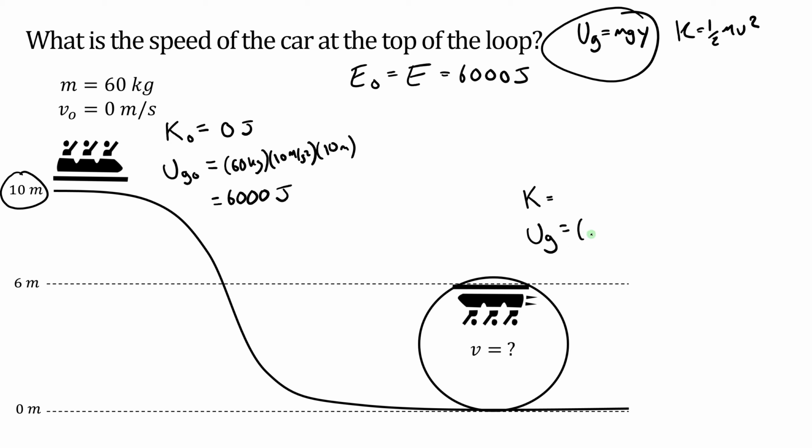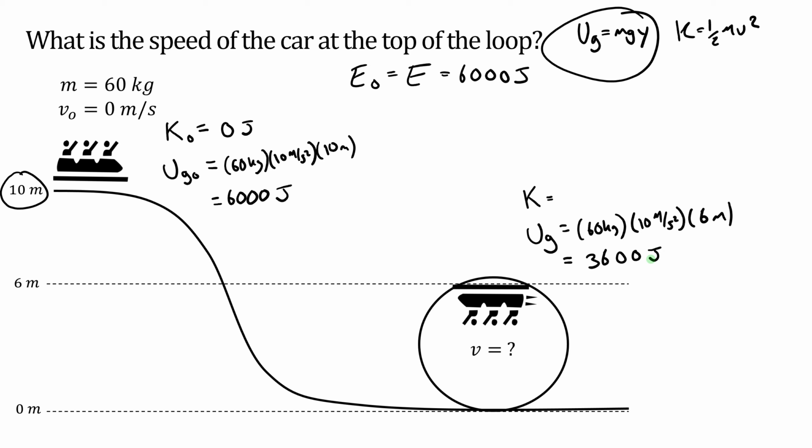I can use the mass, 60 kilograms, times the acceleration due to gravity, 10 meters per second squared, times that 6 meters of height. Okay, and here I'm going to find that I get 3,600 joules of potential energy.